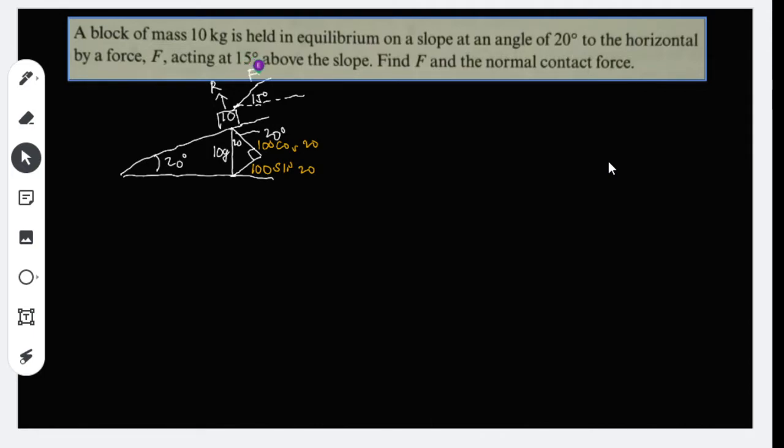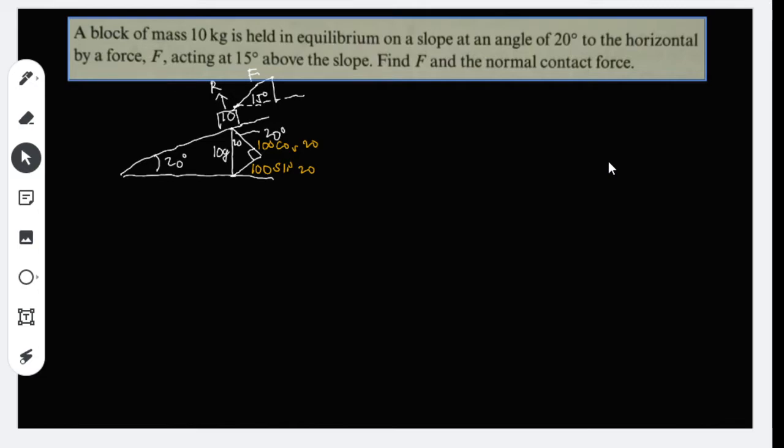That's the F. So if that is your 15-degree angle, we can draw again, or construct, a right triangle. So this side, I'll make it with the blue one.